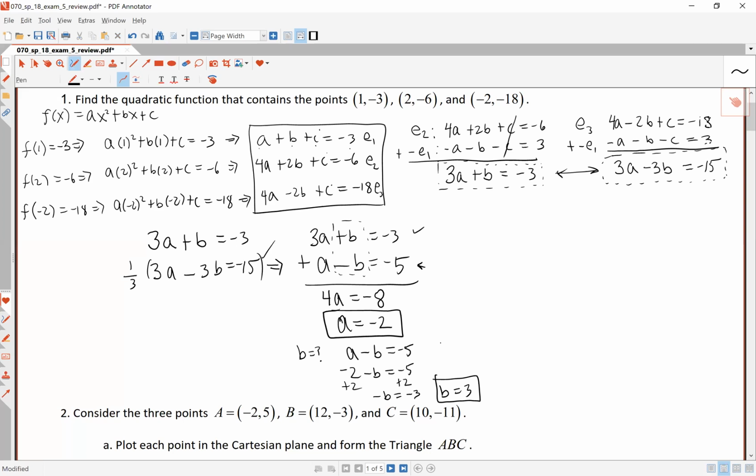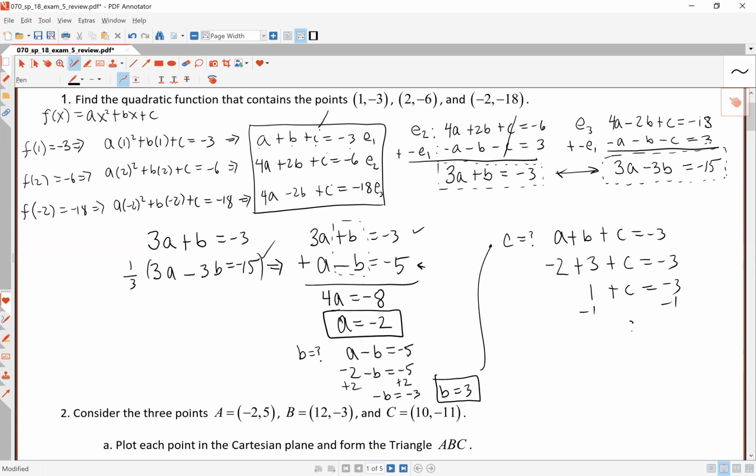Now we have to find c. We go back to equation 1, which says a plus b plus c is negative 3. A is negative 2, b is 3. In order to find c, negative 2 plus 3 is 1.